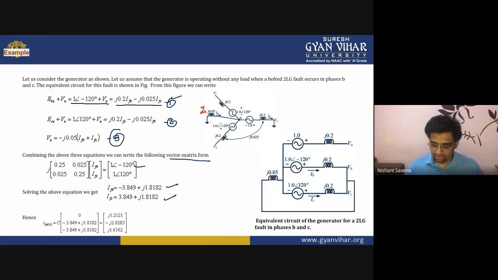Now, if I would like to find the sequence components for the fault current, then I will multiply these equations with the matrix C. We know that IFA is equal to 0.